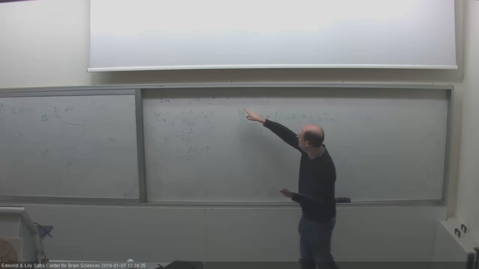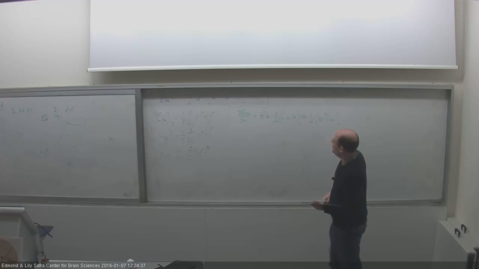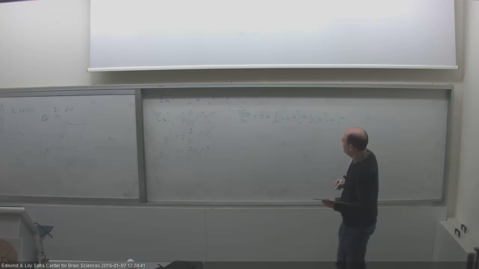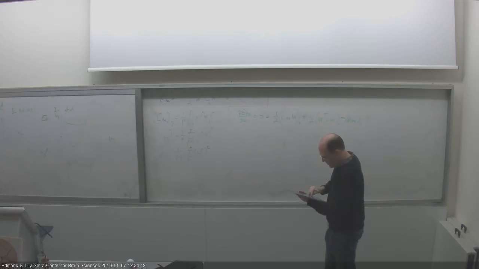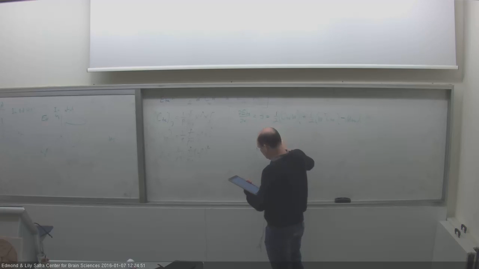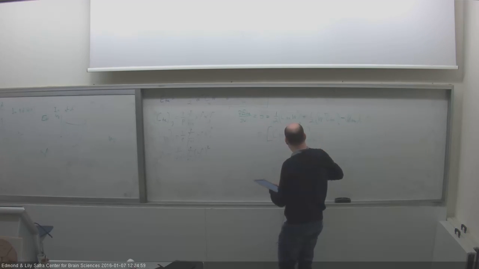Now, from here, what is the derivative with respect to Wi? It's U training i, and A doesn't play any role. So we get here the matrix C training times W minus the vector U i.